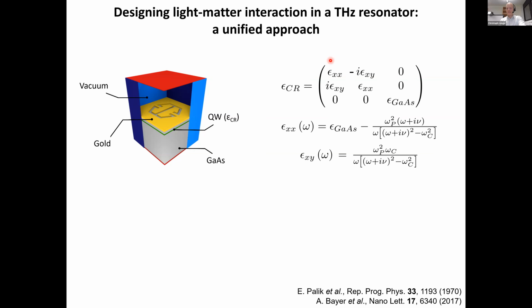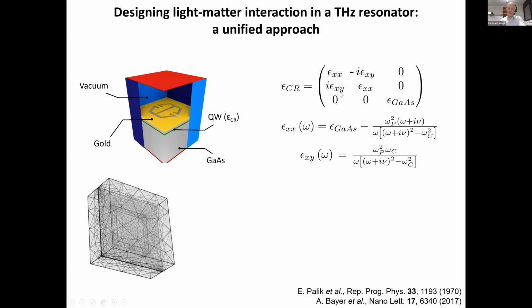The cyclotron resonance in this case is described by this anisotropic or gyrotropic dielectric function, which implements the physics of, well, classically speaking, electrons going in circles, or quantum mechanically speaking, the Landau quantization.